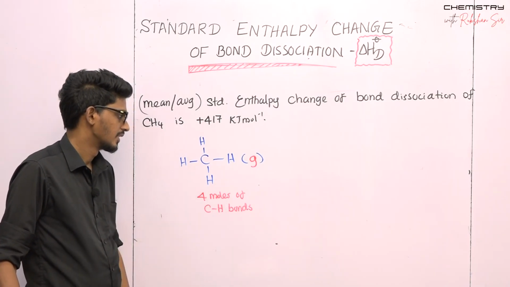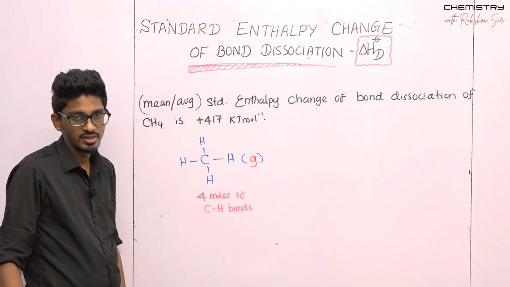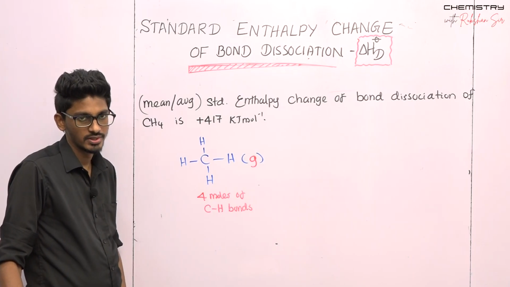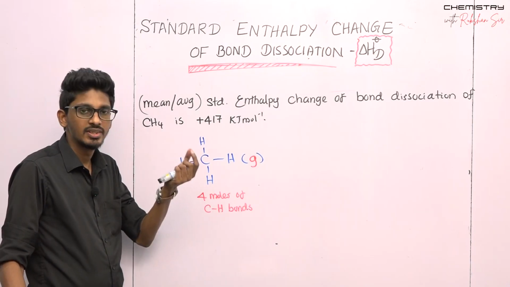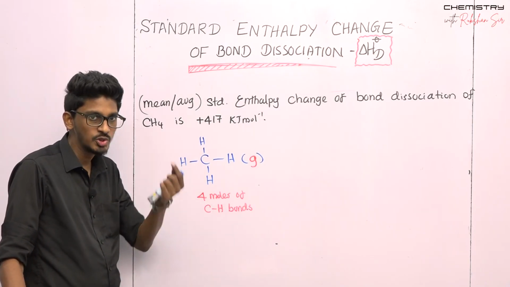By a bond dissociation, you are always expected to come up with monoatomic gaseous species, individual gaseous atoms.